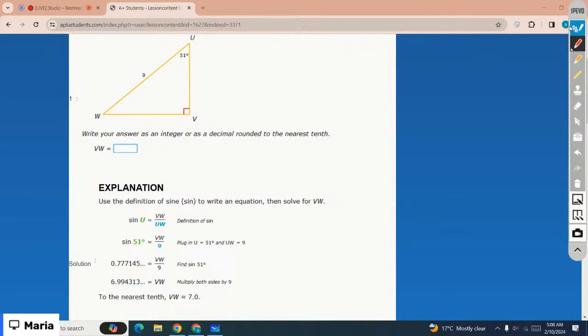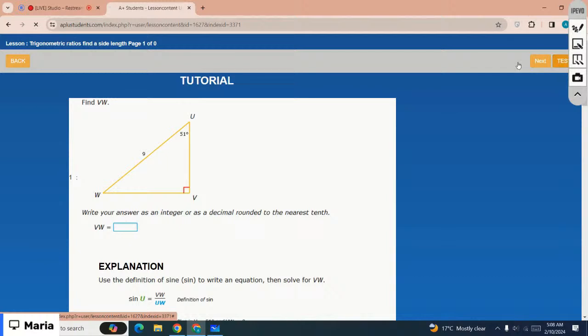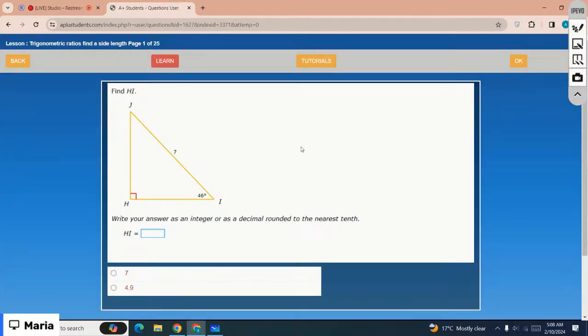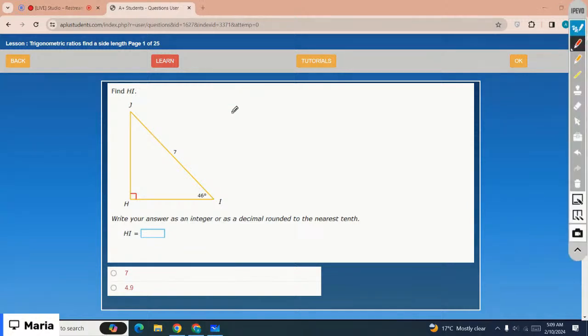Let's just start with the practice questions. Okay, find HI. You have to find the length of the side HI. You are given the angle I, right?